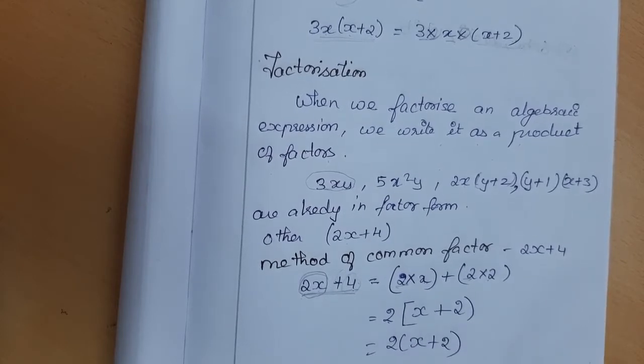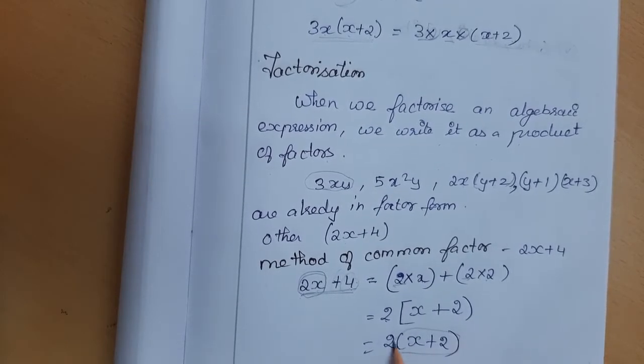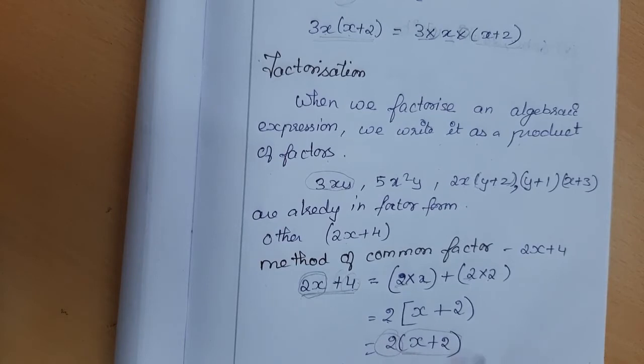Now you can see that 2 is multiplied with (x plus 2). This is the whole term and this is one term, so it is in the product form. If it is not in the product form, we can do these kinds of steps. This is the common factor method, finding the common factor and applying the distributive property. We will write it in the factorized form.